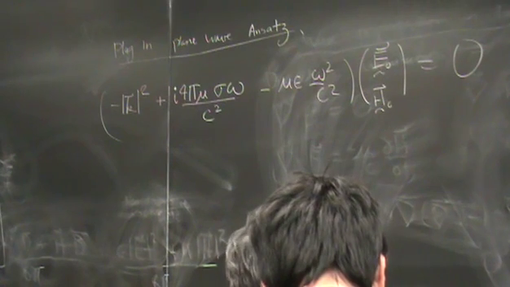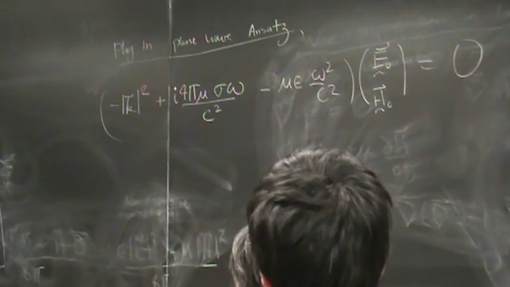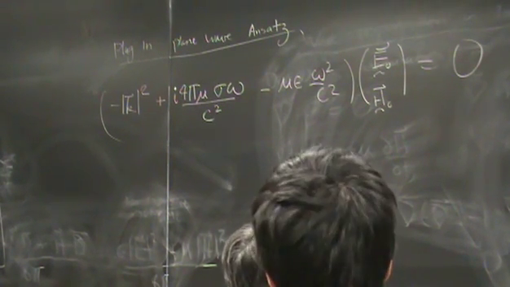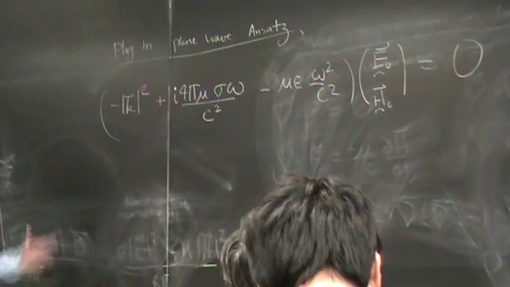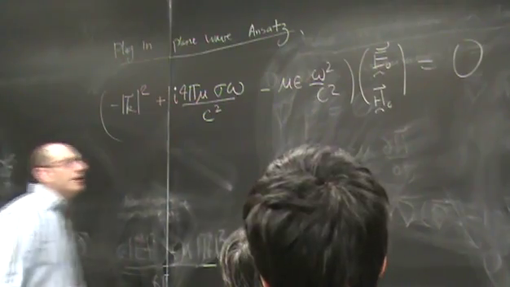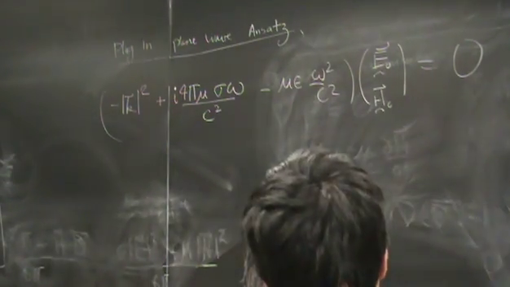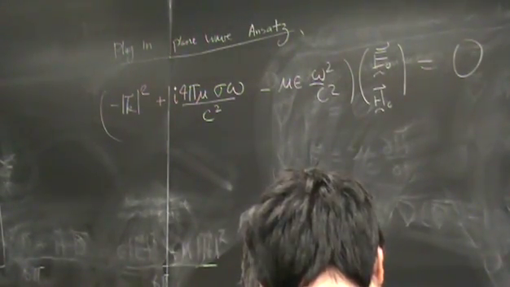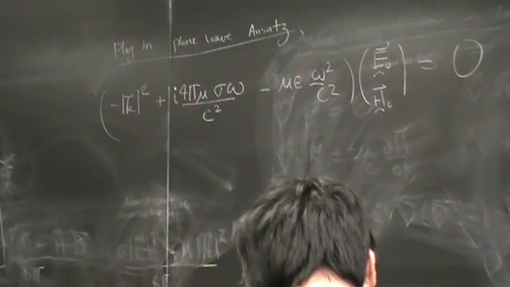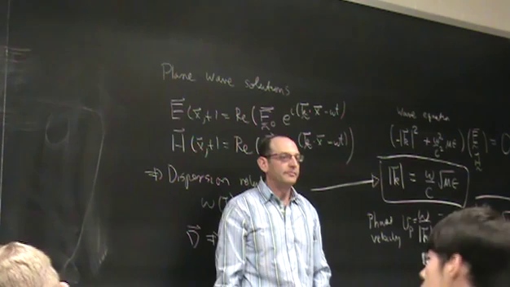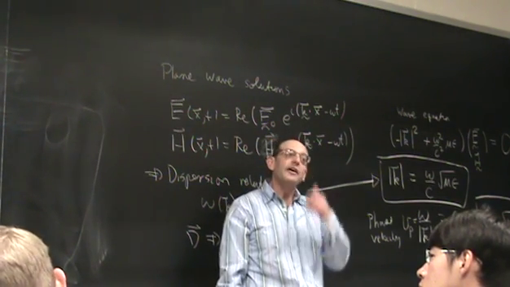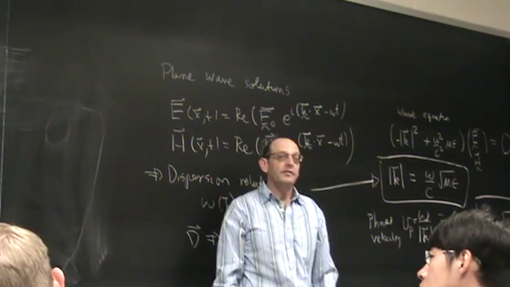So, we have something new and interesting. What we see in this case is that in order for this ansatz to be a solution to the wave equation, the only way that's possible is if this wave vector is a complex number, or let's say it's a vector with complex coefficients.